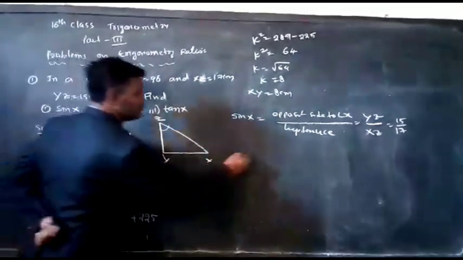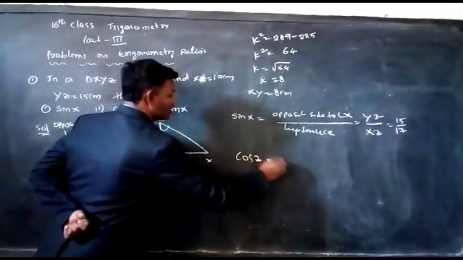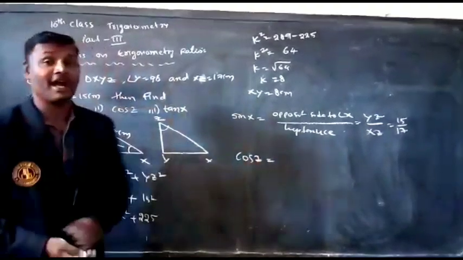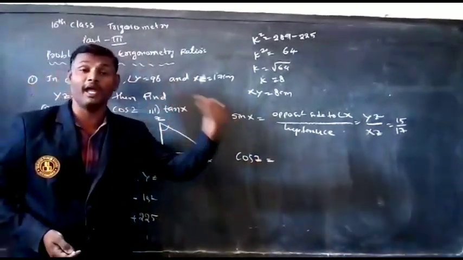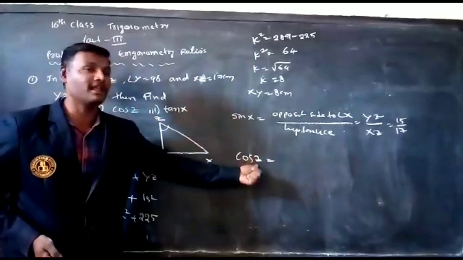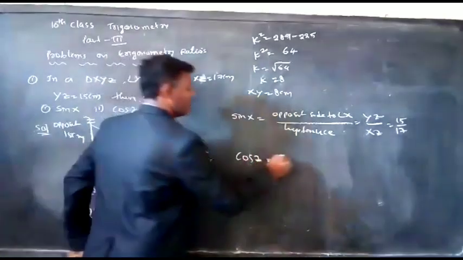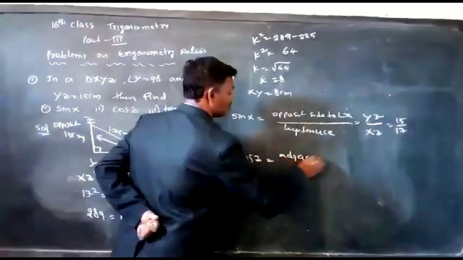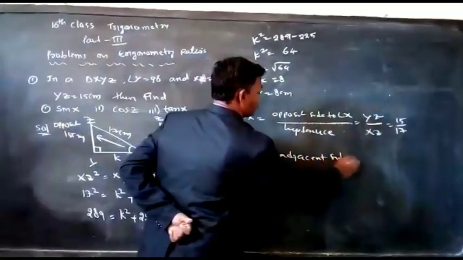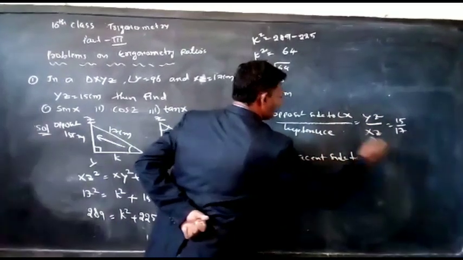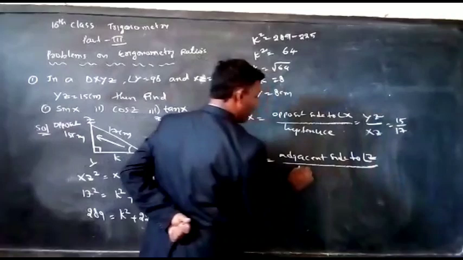Next, what do I need? Cos Z. What is the formula of cos theta? Adjacent side to angle theta by hypotenuse. Here, what is the angle? Z. So we can write adjacent side to angle Z by hypotenuse.